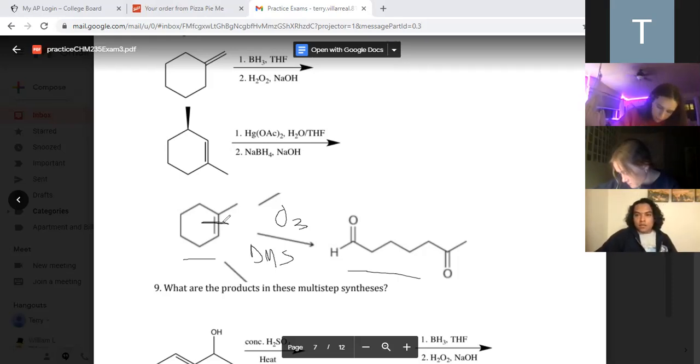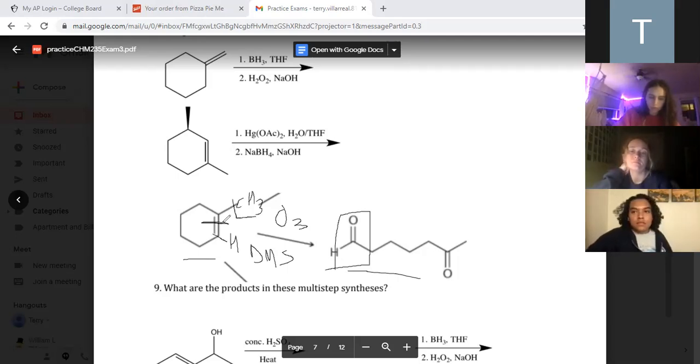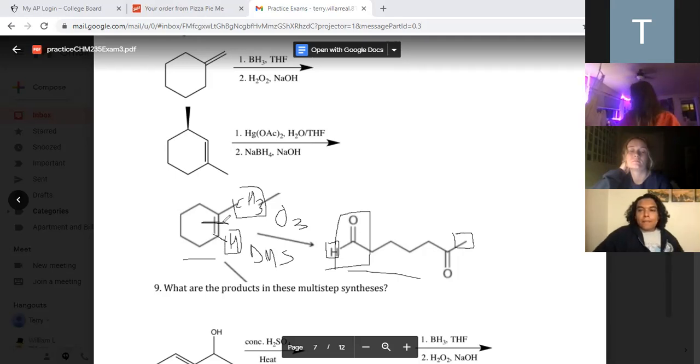Essentially, if I use DMS, I will form an aldehyde on this side because there's a hydrogen right here, right? And there's a CH3. So this CH3 is this CH3, and this hydrogen is this hydrogen. If I use something like peroxide, H2O2, that H will become an OH. So it just depends on what my final product will be.